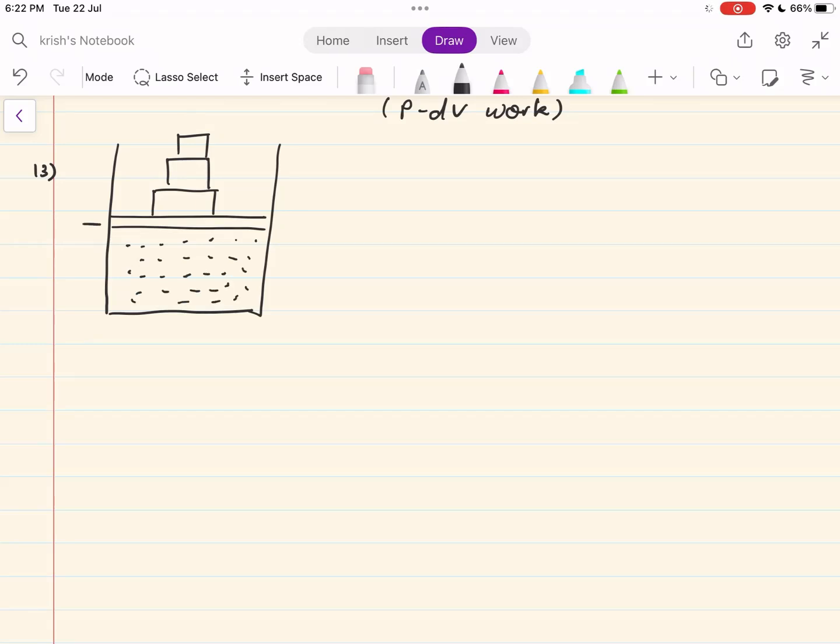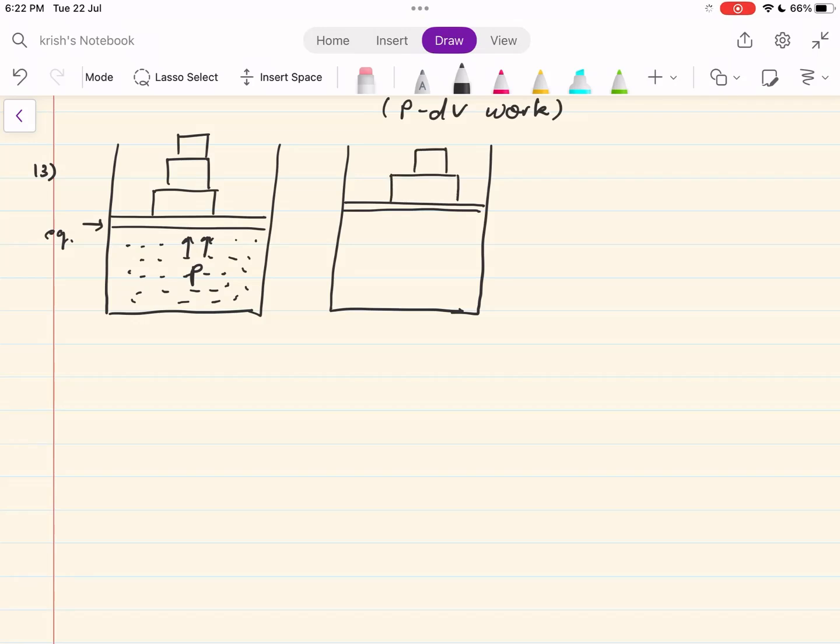Now this piston is in equilibrium, so that means there is an internal pressure. Now if we remove one of the weights, what is going to happen? There's going to be some expansion by a distance dx.